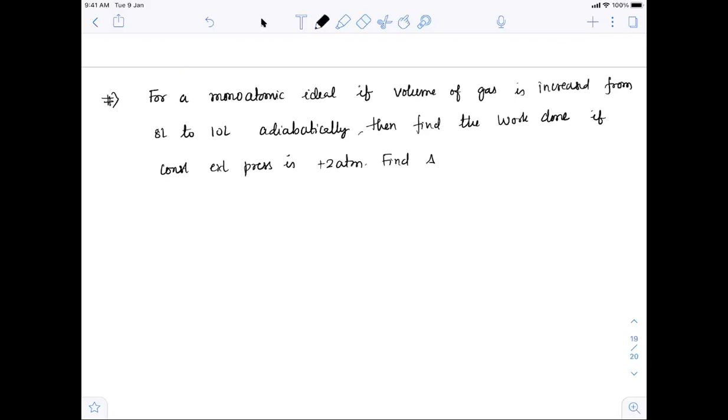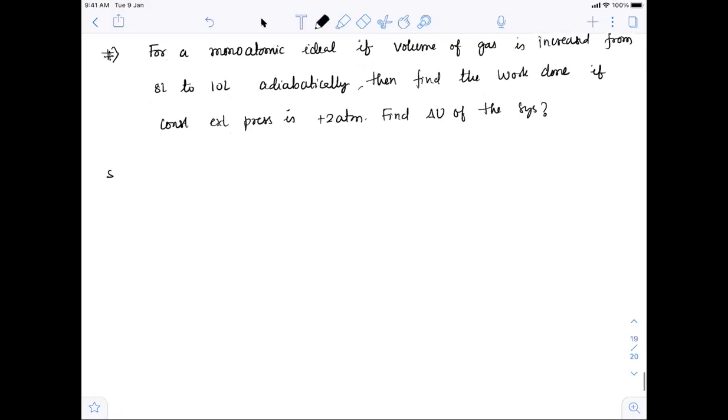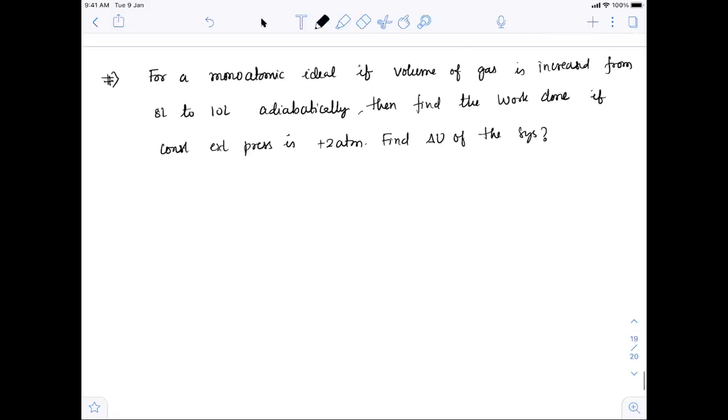Find delta U of the system as well. What would be the case, beta? First one is a very simple question, so you should be able to answer.